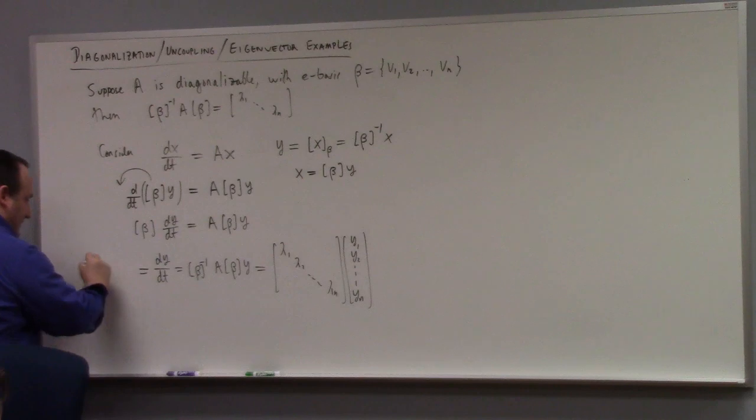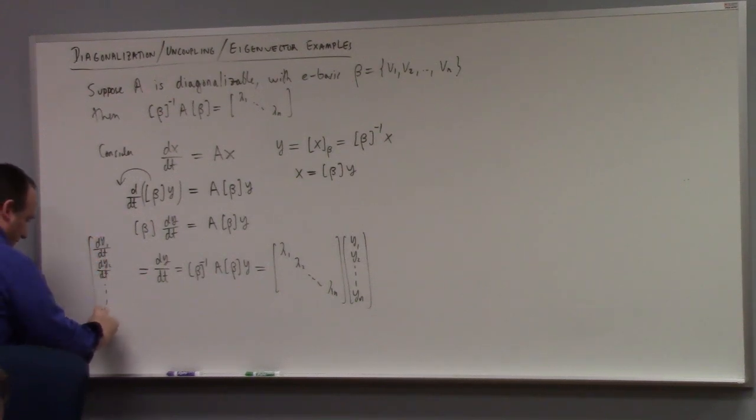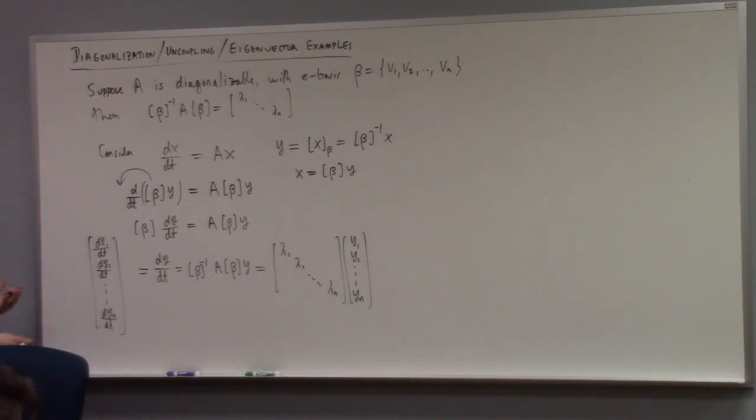And this, on the other hand, is dy1/dt, dy2/dt, through dyn/dt. So in this new system of eigencoordinates, our differential equation, which originally was coupled. Coupled means that the differential equation for x1 possibly involves x1, x2, x3, x4, all the way out through xn. The differential equation for x2, dx2/dt, involves x1 through xn. They're coupled. To solve one, you have to solve them all.